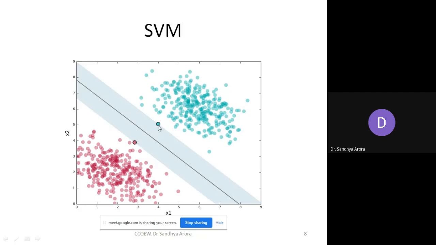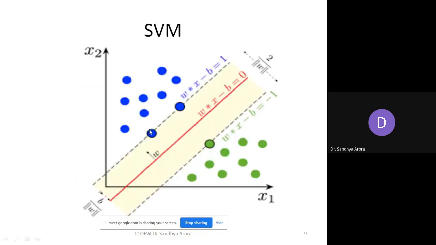So how do you identify this margin value? See this. This is your line equation, the hyperplane, which you want to identify. Some of the data points are here, some of the data points are here. Now you want to identify this line with these support vectors, the 1, 2 and 3. These 3 are the support vectors which you will use to identify this line equation, wx plus b.